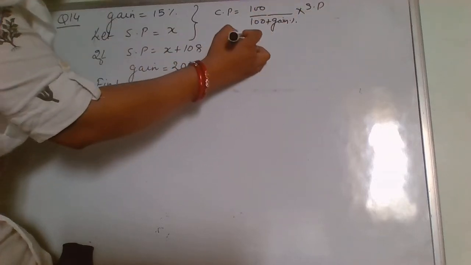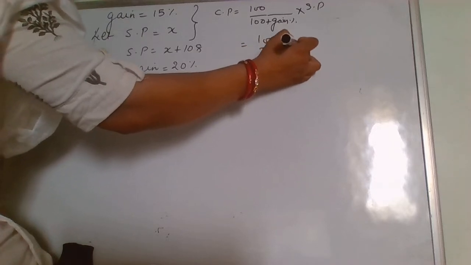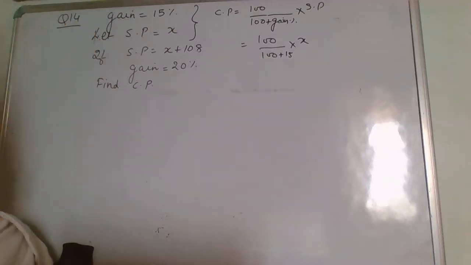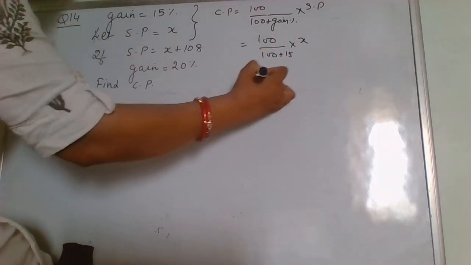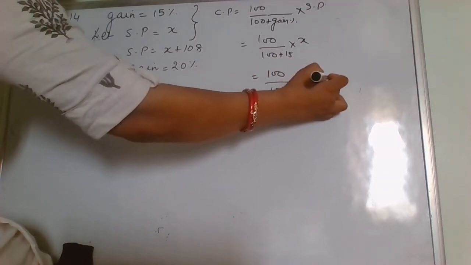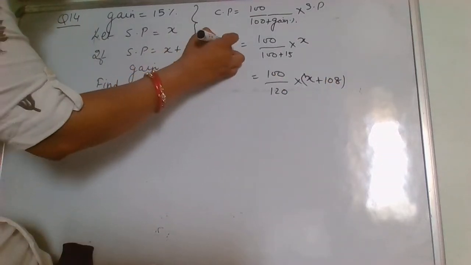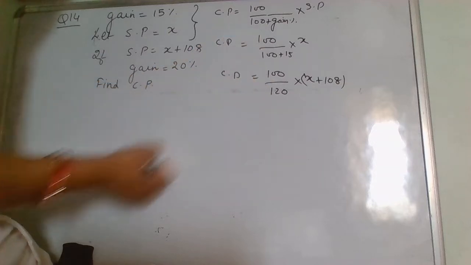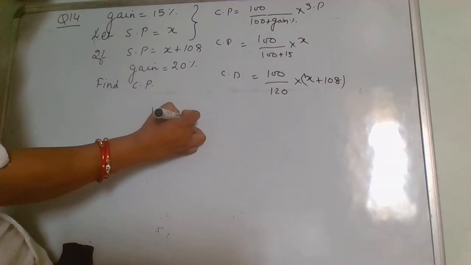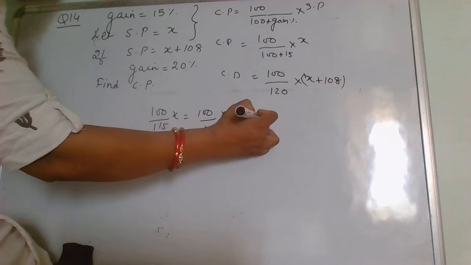So I will keep the formula like this: in the first case it is 100 by 100 plus 15 into X, and in the second case it is 100 by 120 into X plus 108. Both are the cost price of the same article, so they should be equal. So I will equate 100 by 115 x is equal to 100 by 120 into x plus 108.